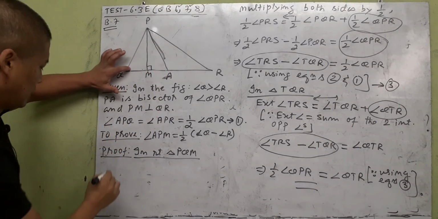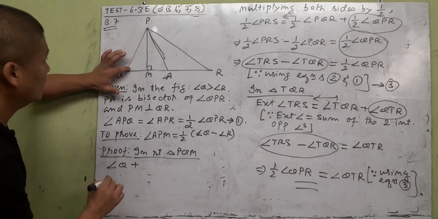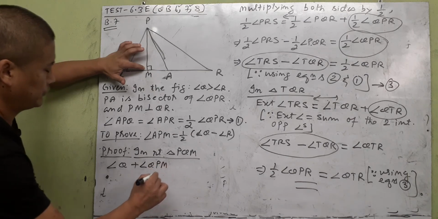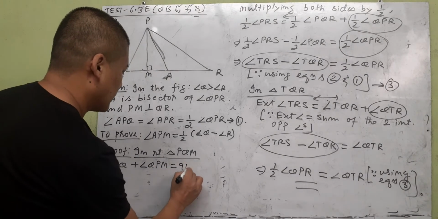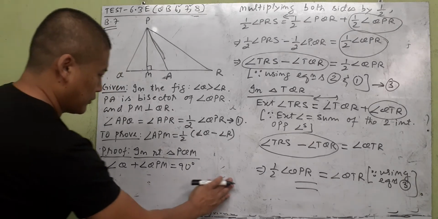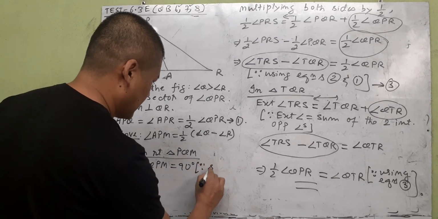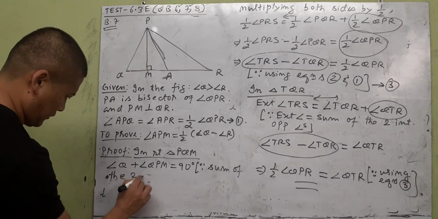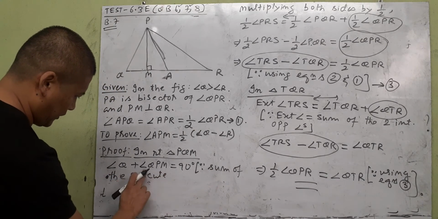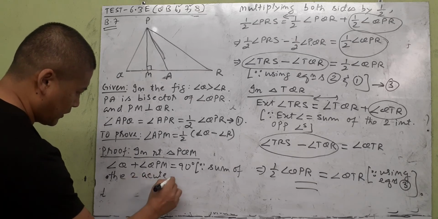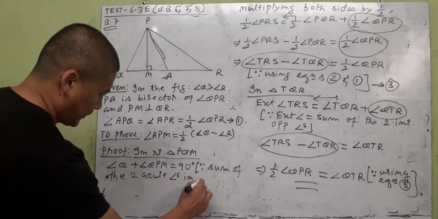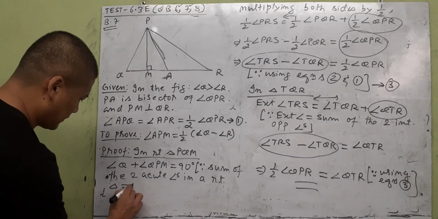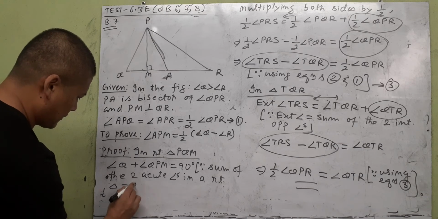So the other two angles, acute angles, angle Q plus angle QPM will be equal to 90 degree, because we know this property: the sum of the two acute angles in a right triangle is always equal to 90 degree.